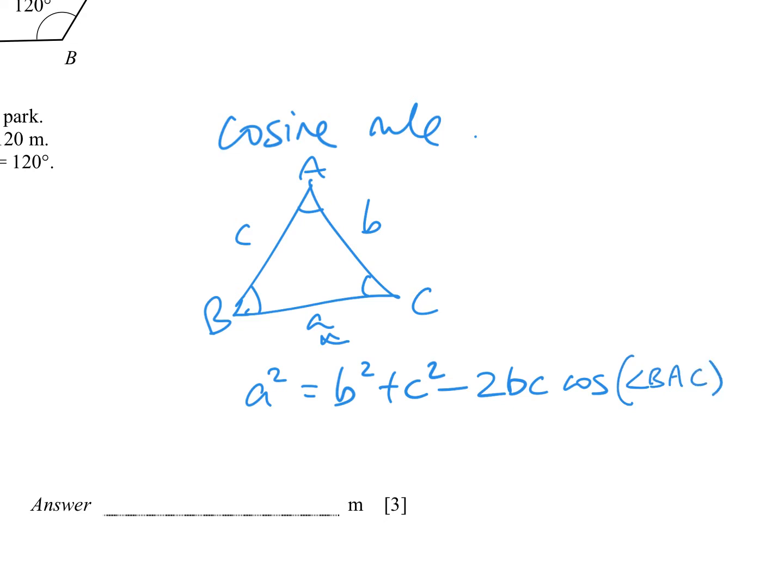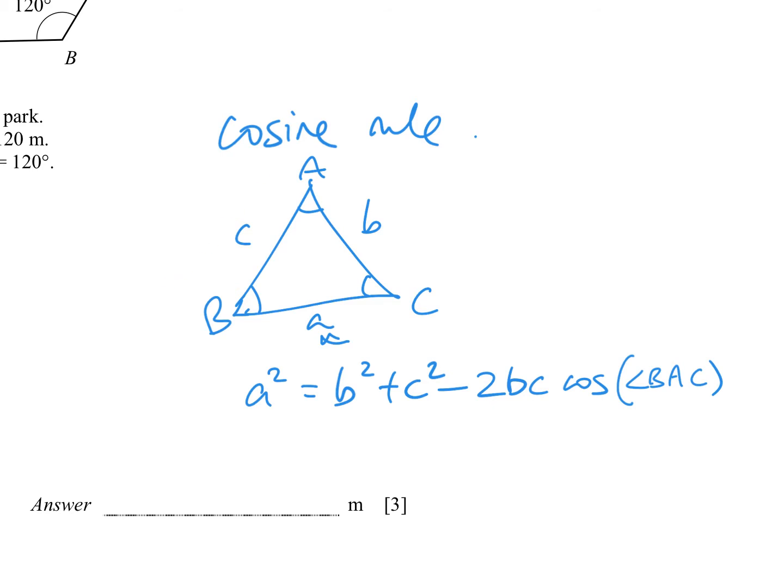So let's look at that again. It really is a squared equals b squared plus c squared minus 2 times this length times the cosine of the angle in between those two lengths.